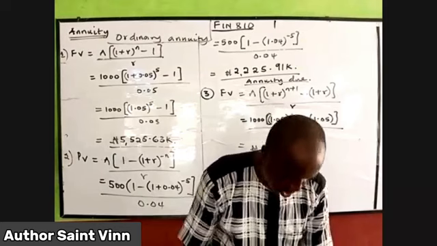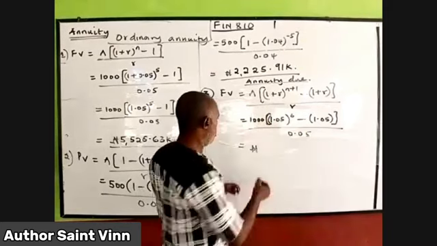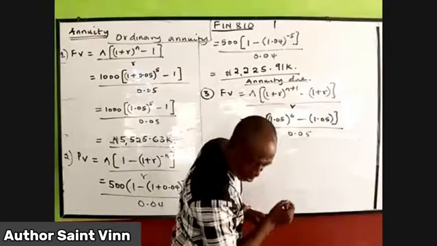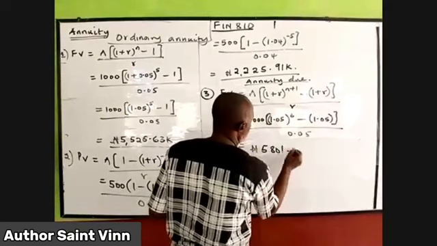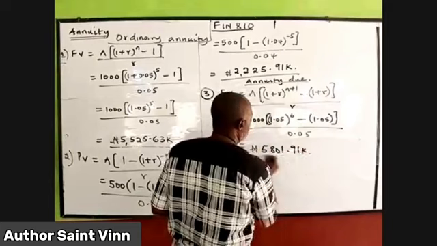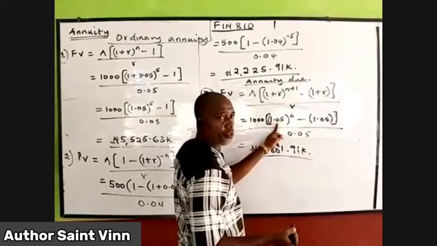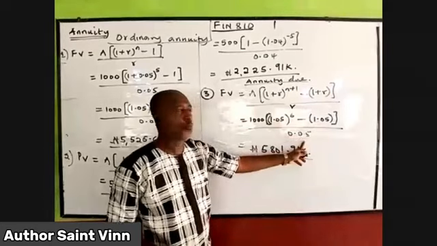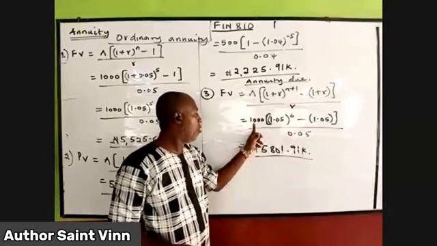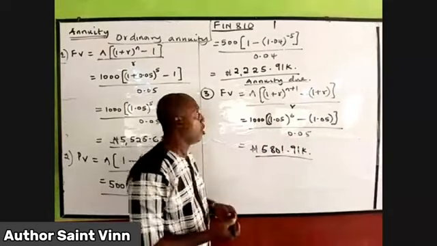Yes, that's okay. So if you multiply 5,801.91, which means you press your calculator, this raised to power 6 minus this result, divide by 0.05, multiply by 1,000, and this will be our result.